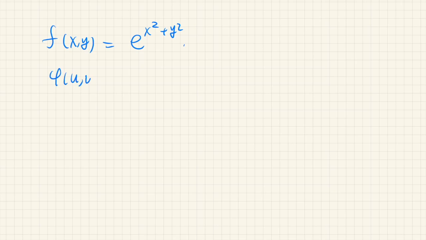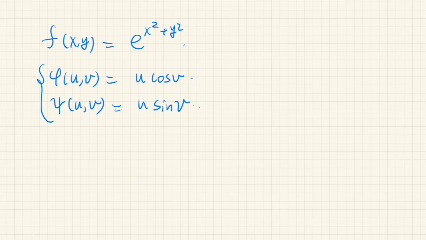And let's see an example of such partial derivatives. Let's say we have f of x, y, a function of x and y, exponential of x squared plus y squared. And let's say phi of u and v be u cosine v, and psi of u and v be u sine v.